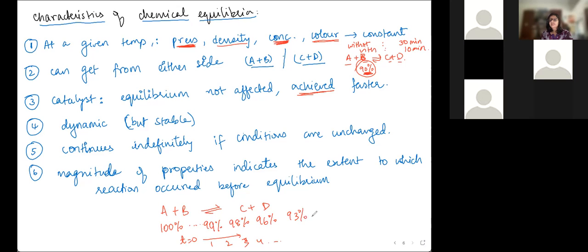So that way it'll keep changing. If you keep measuring the concentration of the reactant, it'll tell you how much of the reaction has happened. Eventually you get to the point of equilibrium, where let's say only 10% of it is reactant. After that it stays at 10%. That means equilibrium has been established here.